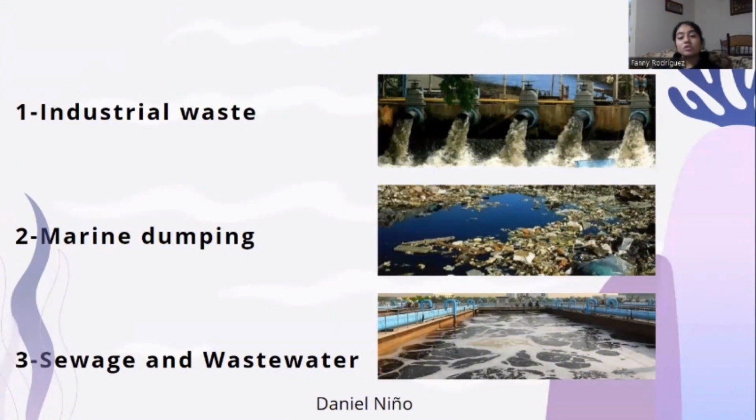Industrial waste is the residuals that an industry leaves in the water, like petroleum, trash, and other chemicals. Then we have marine dumping, which is any deliberate disposal at sea of waste or other matter from vessels, aircraft, platforms, or other man-made structures at the sea.